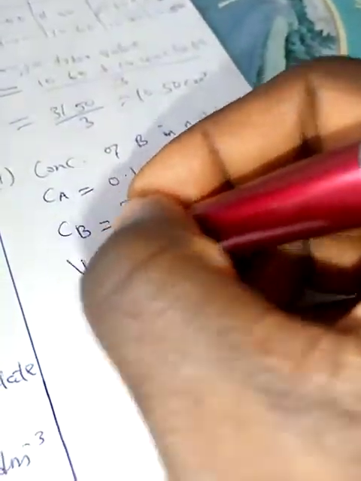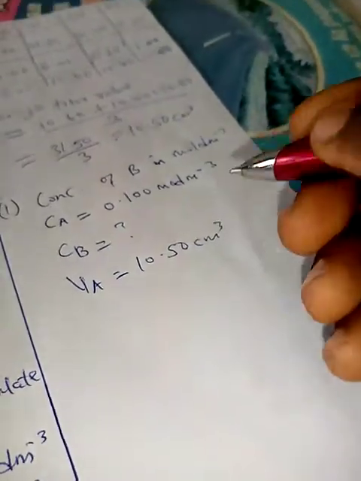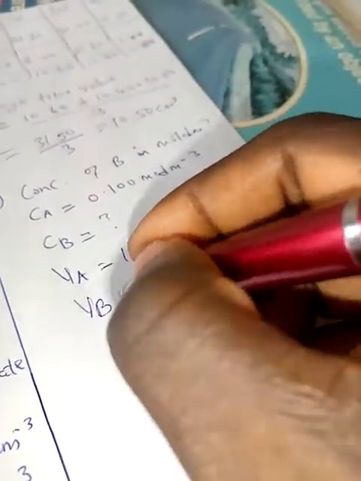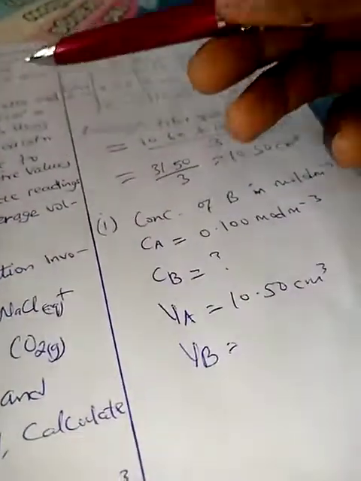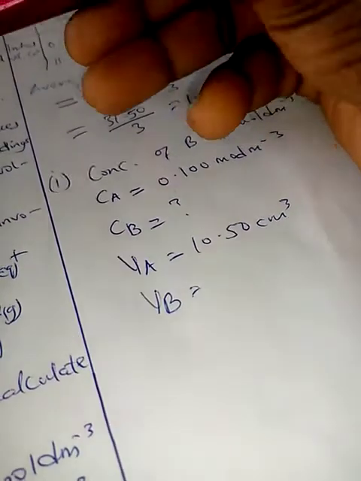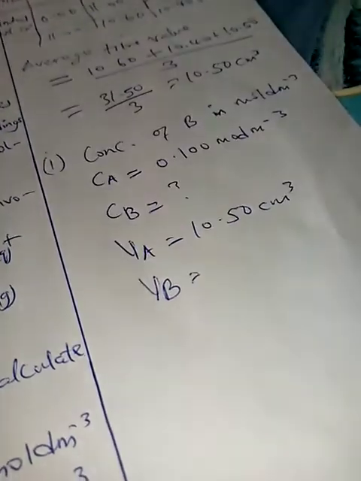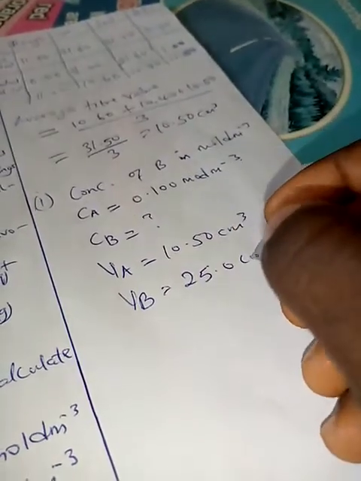Volume of acid used is the one we calculated, 10.50 cm cube. Volume of base used, we either use 20.0 cm cube or 25.0 cm cube. But you have already stated this from the beginning. Like I said yesterday, we always normally use 25.0. So I'm going to use 25.0 cm cube.